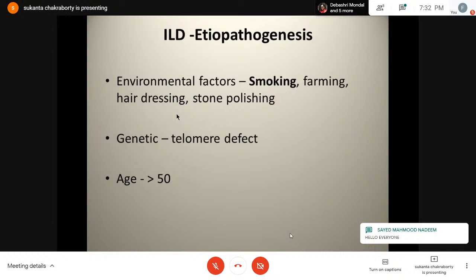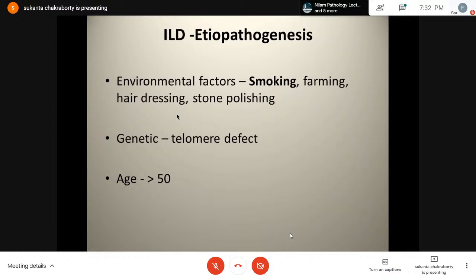Now, what is the etiopathogenesis? I will not go into detail, but yes, there are environmental factors, and most important among them is the association of smoking. ILD is a disease predominantly of smokers. Smoking has a very strong association with interstitial lung disease, and then there are some professional factors like farming, hairdressing, stone polishing.